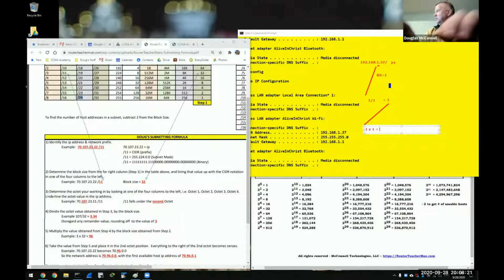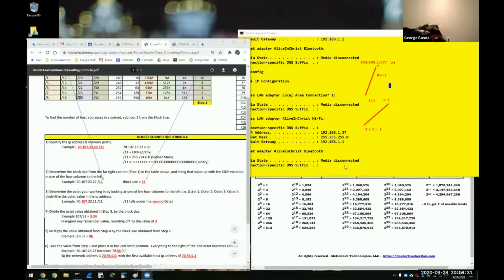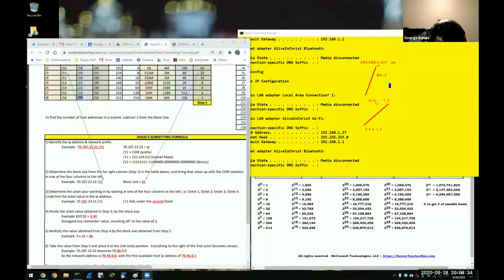What does that equal? 1. 1 divided by 1 is 1. 1 times 1 is 1.